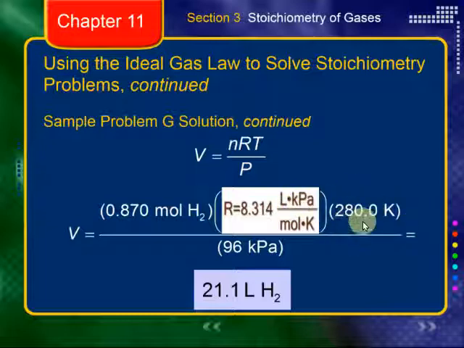Our temperature is in Kelvin. They gave us the temperature in Kelvin, so that's nice and easy. But if a temperature in Celsius is given, make sure you convert that into kelvins. Divide by 96 kilopascals, and we end up with 21.1 liters of hydrogen.